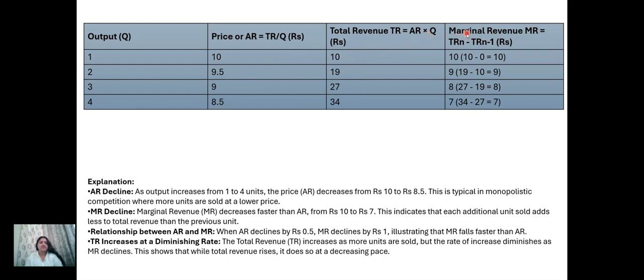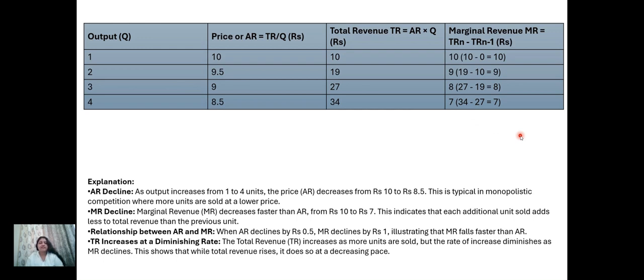Marginal revenue is calculated as TR n minus TR n minus 1. These terms are calculated in rupees. If we have paise, we have to convert it into rupees, like 1 rupee is equal to 100 paise.